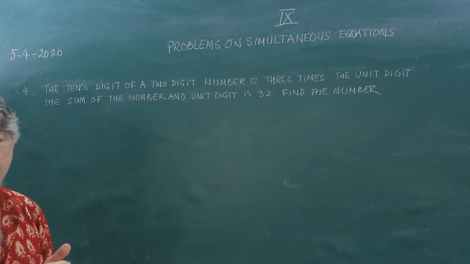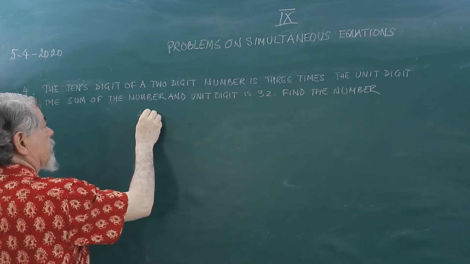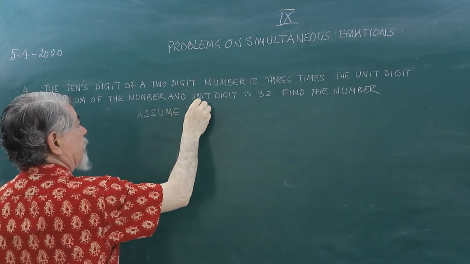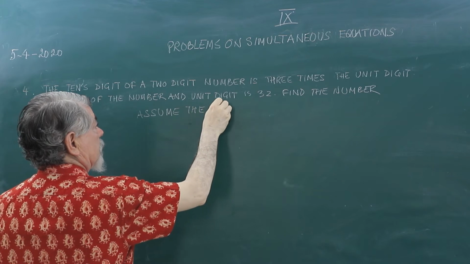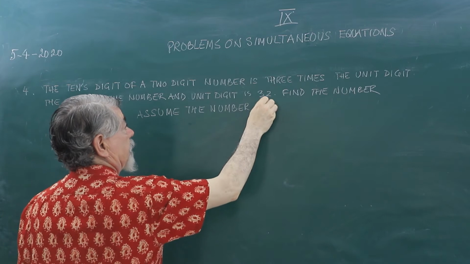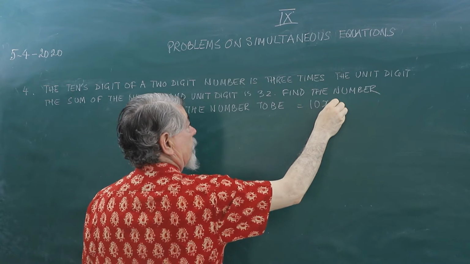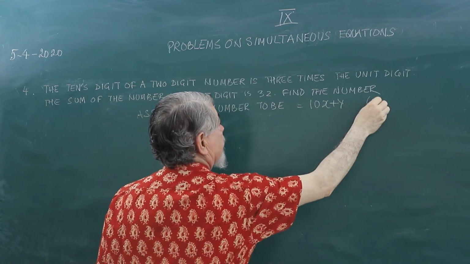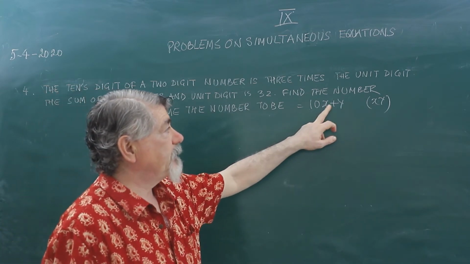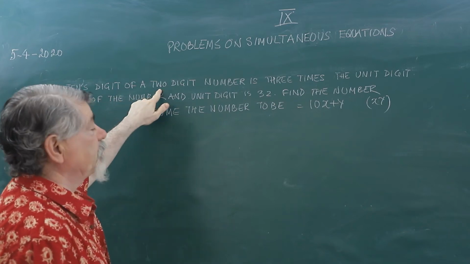Whenever a 2-digit question is given, first of all assume the number to be 10x plus y. This is the number xy written in expanded form, 10x plus y, where y is the unit digit and x is the tens digit.